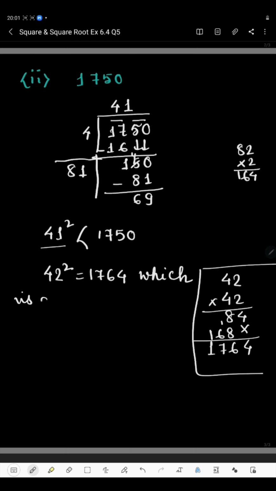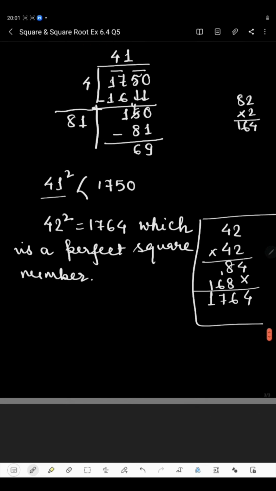Okay, now we will have to find what must be added to get a perfect square number. Now how to find that number? So here, what should be added to 1750 to get 1764? We will have to find that. So how to find what should be added? So we'll write the least number which must be added.